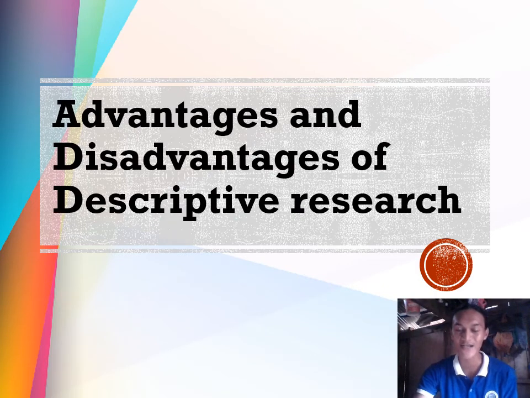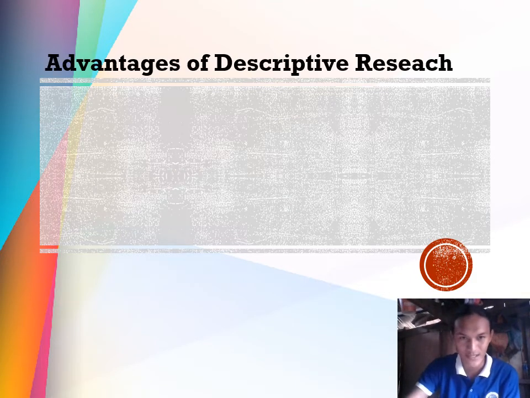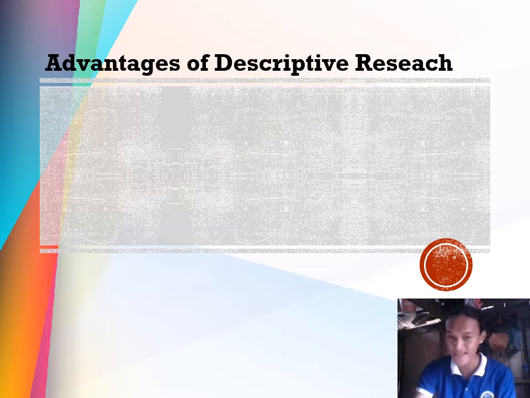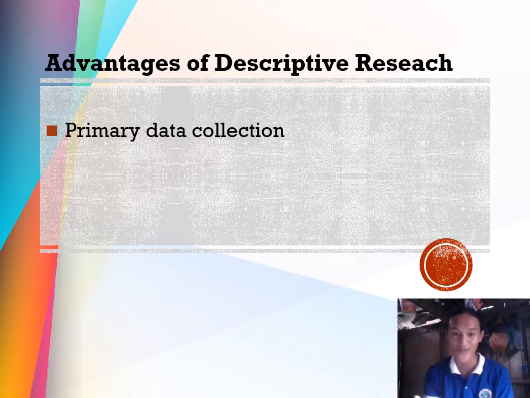So next, let's talk about advantages and disadvantages of descriptive research. So now let's talk about the advantages of descriptive research. There are a lot of advantages. Let's talk about the primary data collection.